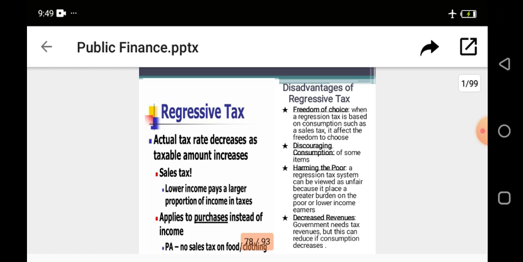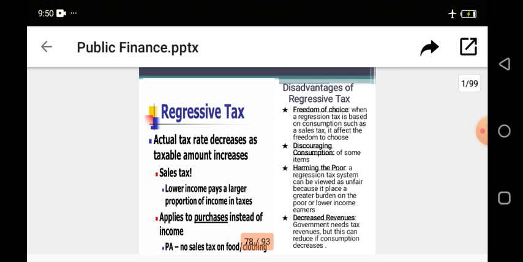Two is that it discourages consumption of some items. Yes, government uses the regressive tax system to prevent people from consuming harmful products, of course. Now, some items that government can tag as harmful might not be harmful to you.